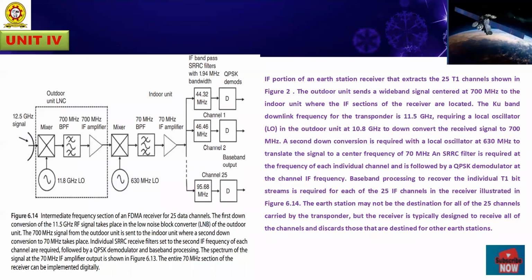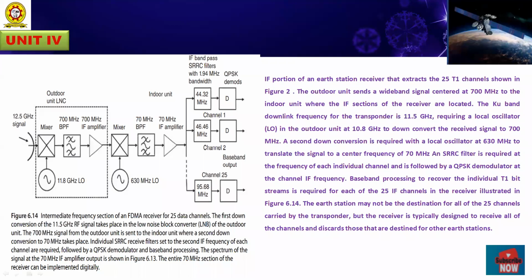This outdoor unit LNC has a mixer. For one input of the mixer, there is an incoming 12.5 gigahertz signal, and the other input of the mixer comes from a local oscillator, which is tuned to 11.8 gigahertz. Everybody knows the operation of the mixer.